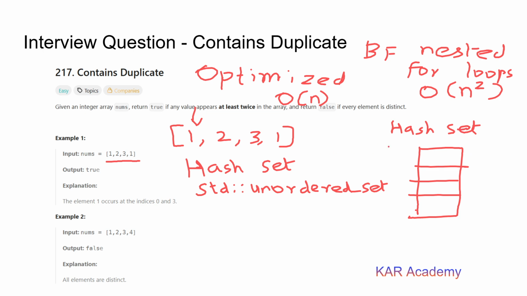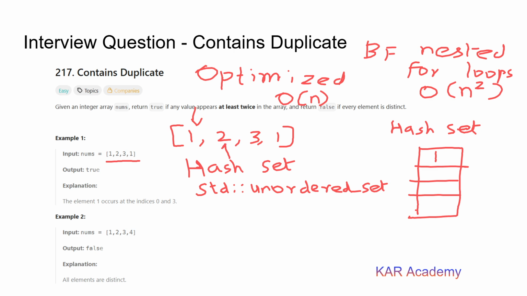Okay, the hash set is not implemented with binary trees, but we have certain algorithms to get that in O of 1 time. Okay, so the first element 1 is checked if this element is present in the hash set. It's not present, so what we'll have to do is put that element in the hash set.